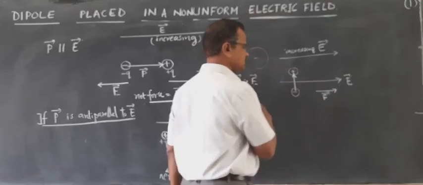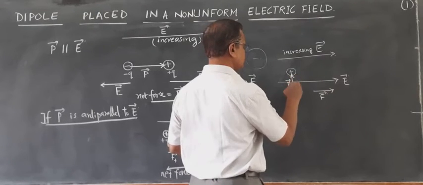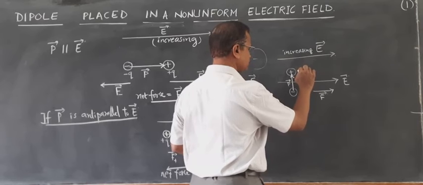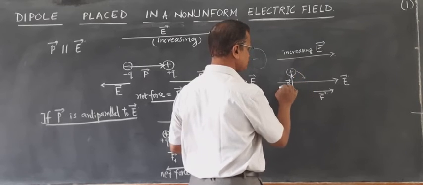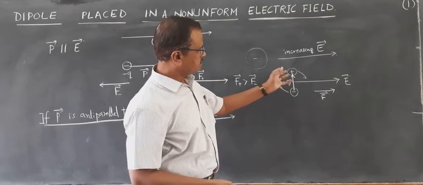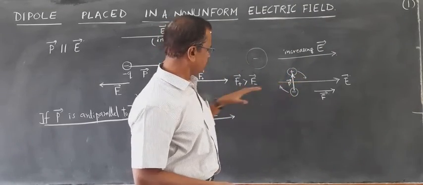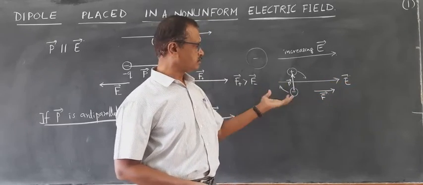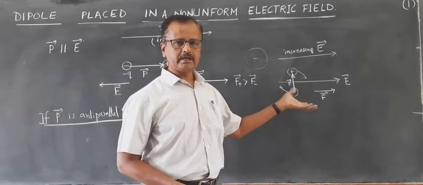So as a result, the dipole undergoes a torque. After undergoing torque, it aligns along the direction of the electric field and accelerates along the direction of increasing electric field.